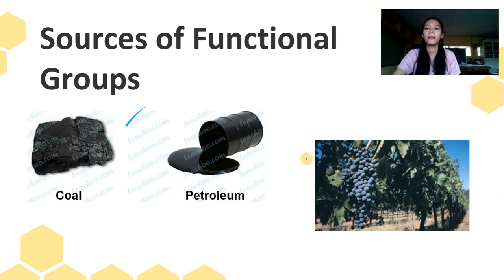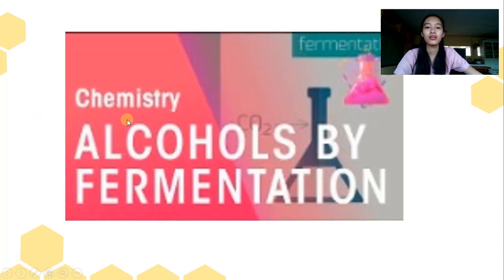We also have fermentation. Fermentation is one of the processes wherein we can obtain ethanol. So we can ferment, for example, grapes. You can watch this video, with the links provided somewhere here, on how alcohols are sourced. So there are two of them.